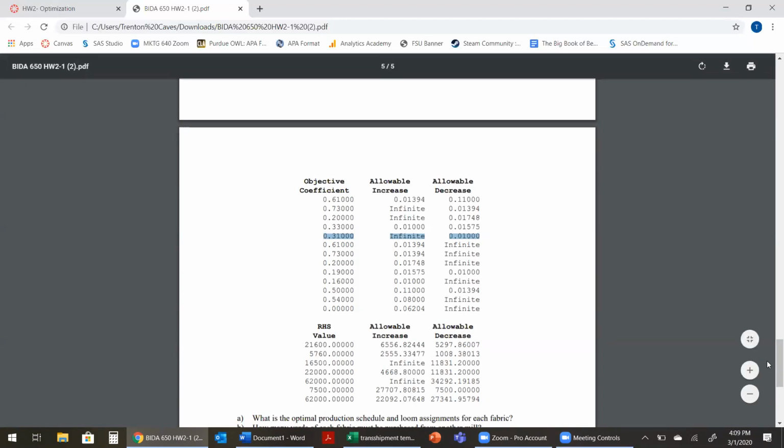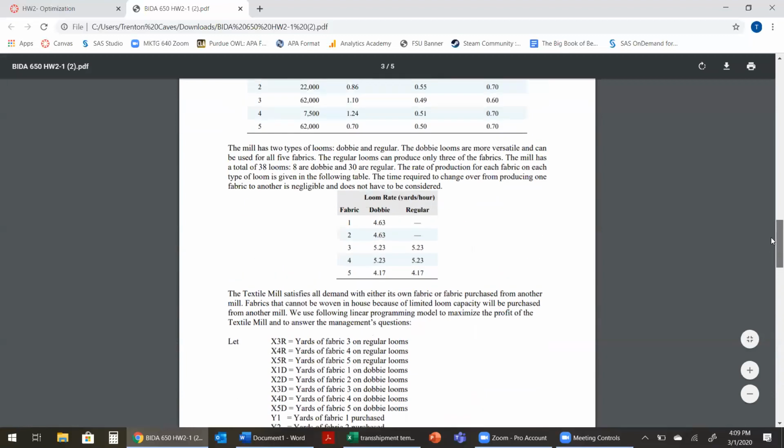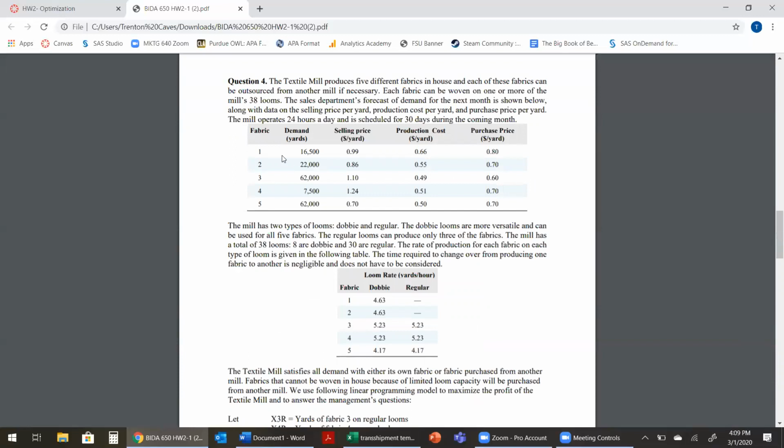Because our allowable increase is infinite, we'll go back up and look again real quick. So our profit from unit 2, selling price is 86 cents, production cost is 55 cents, so our profit is 31 cents.